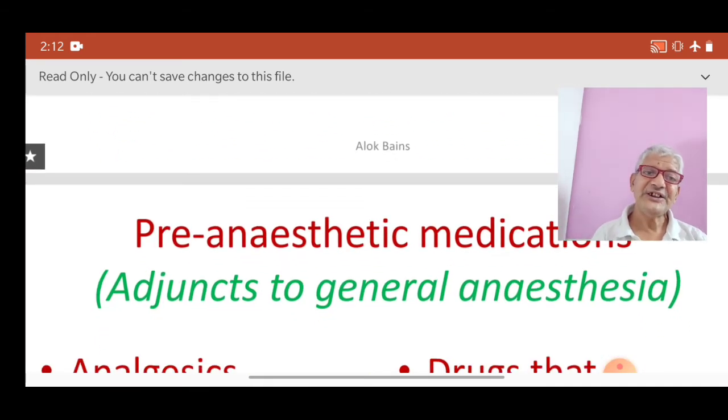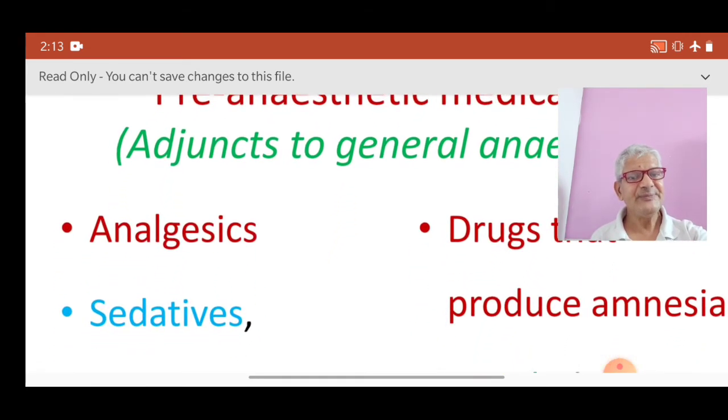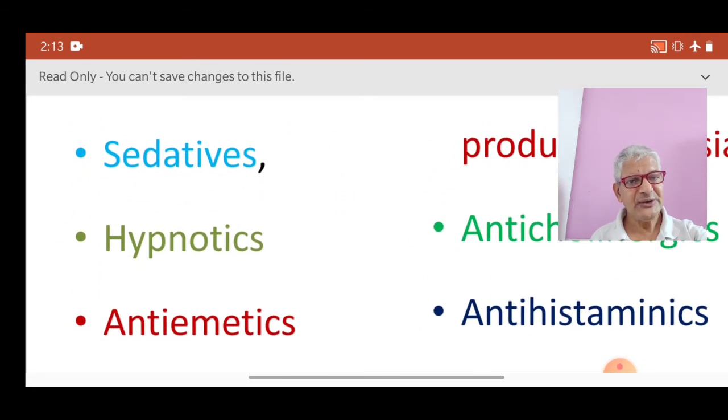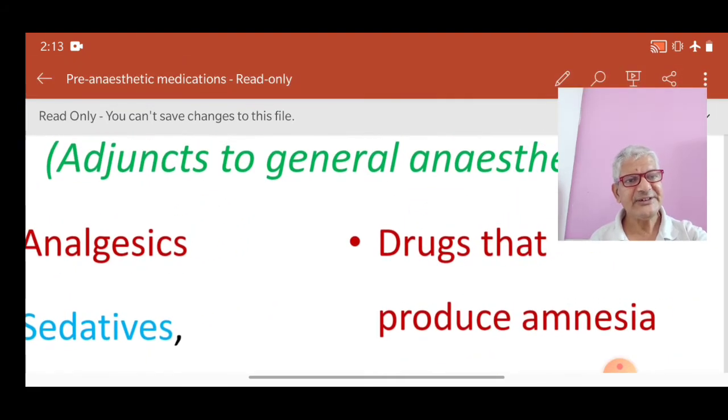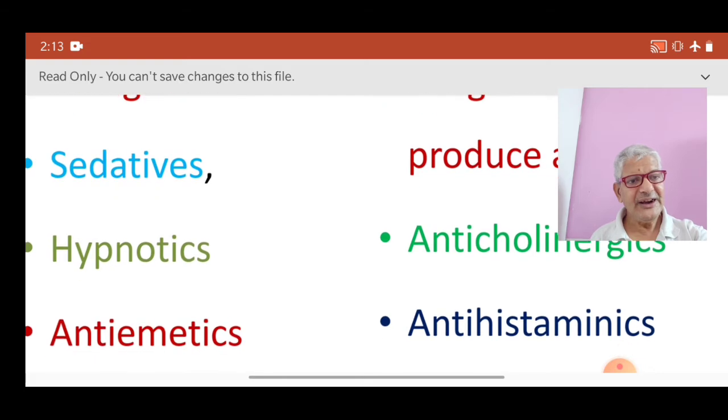Now, we will study the name of drugs that are used as pre-anesthetic medications, or name of drug that are used as adjuncts to general anesthetics. And these drugs are analgesics, sedatives, hypnotics, antiemetics, drug that produce amnesia, anticholinergics, and antihistaminics.